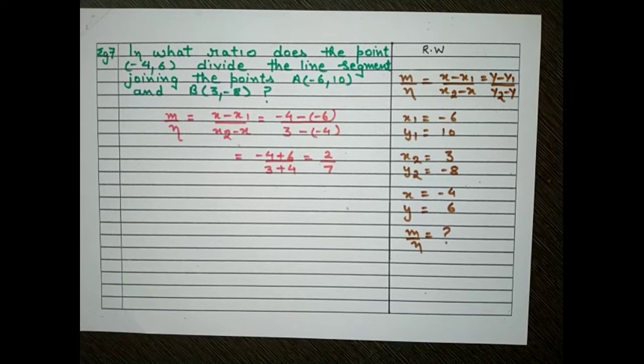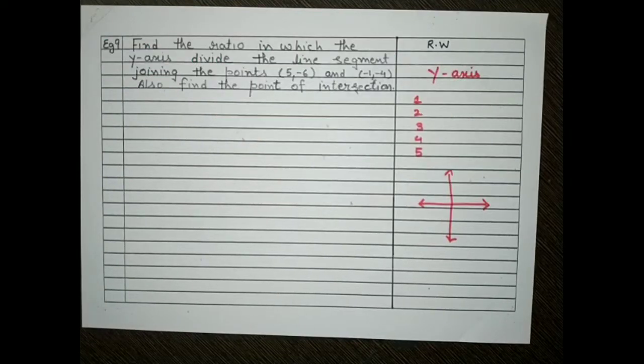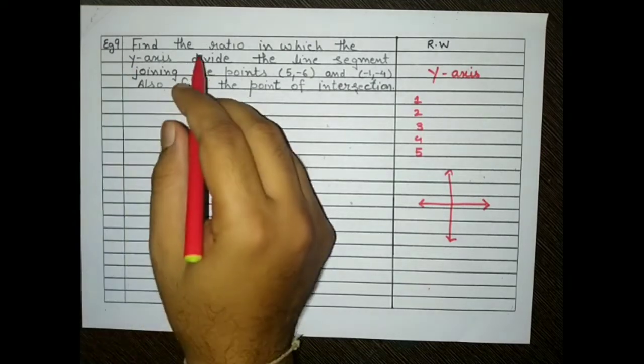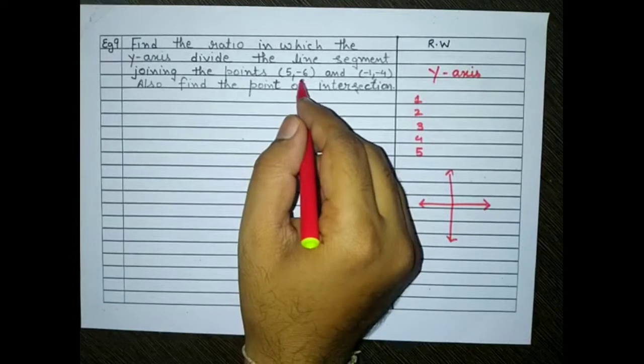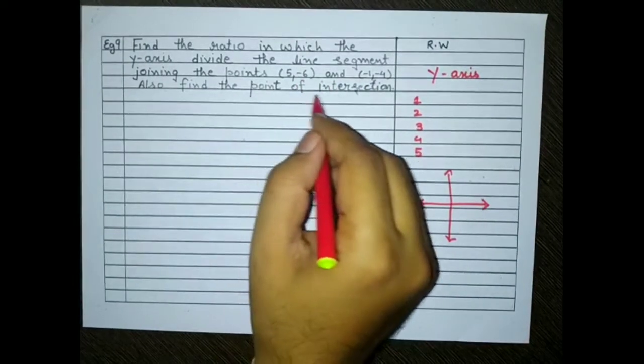Now this is quite a simple question. Now sometimes you are also asked about the point of intersection. Like in this example, if you see carefully, we need to find the ratio in which the y-axis divides the line segment joining these 2 points.